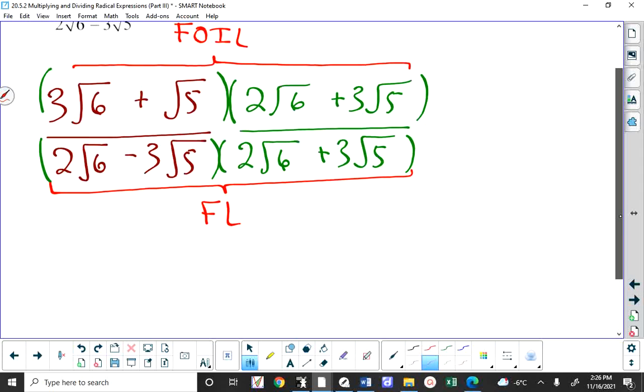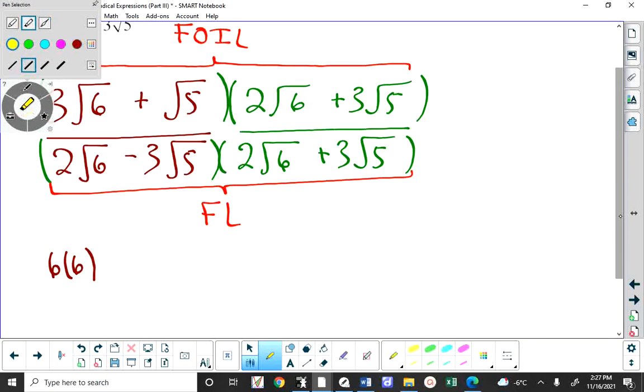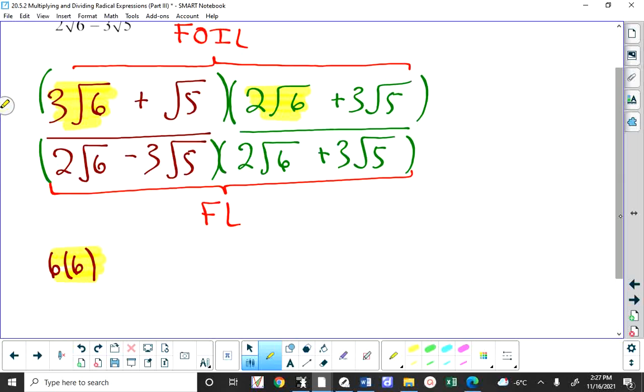Okay, across the top, 3 root 6 times 2 root 6 will give me 6 times 6. Let that sink in, that the product of this and this is 6 times 6. I multiply the coefficients. 3 times 2 is 6.